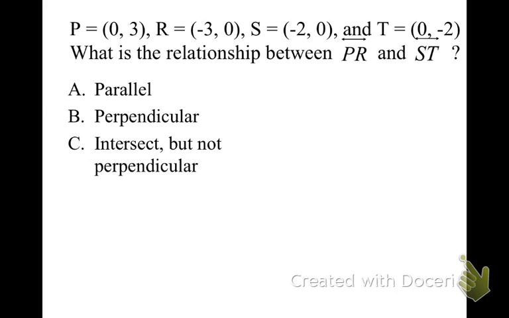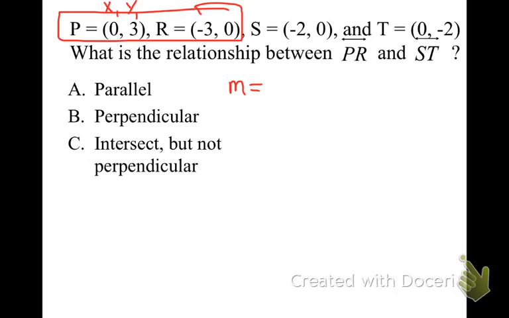Okay, given coordinates of some points, what's the relationship between line PR and ST? Well, if we want to figure out line PR, we need to look at these two points here, P and R. And if we're talking about parallel or perpendicularity, we want their slopes. So line PR, we're going to take the coordinates for P, and we'll call them x1 and y1.